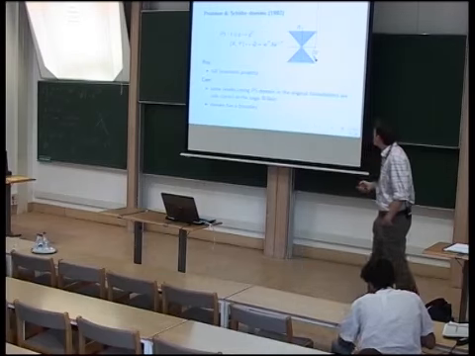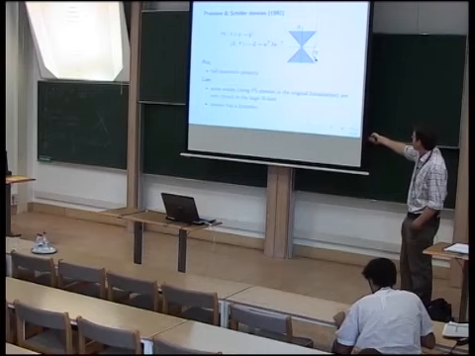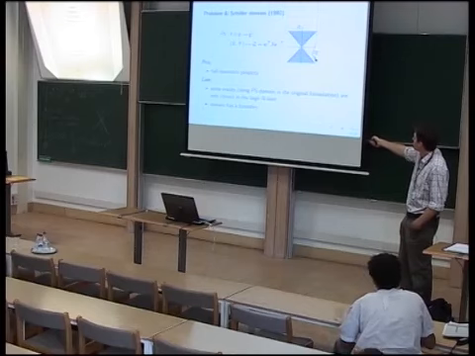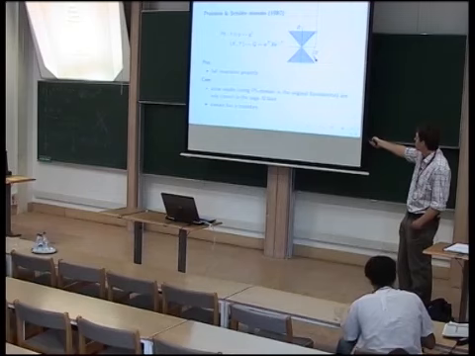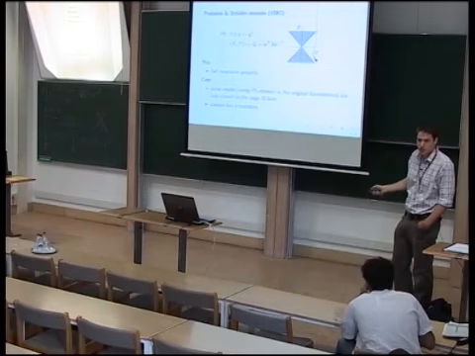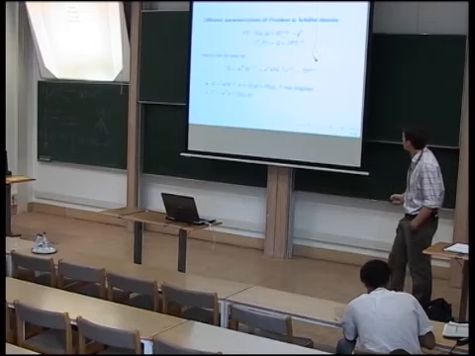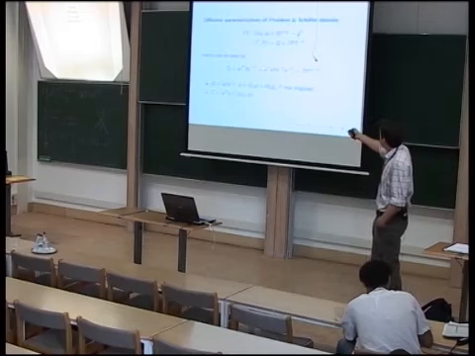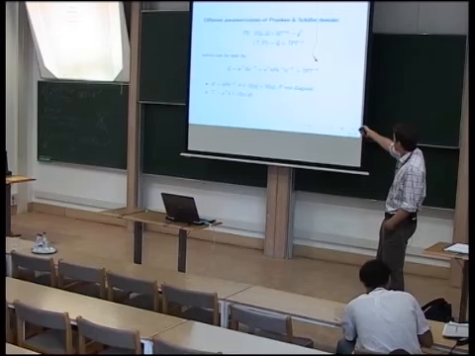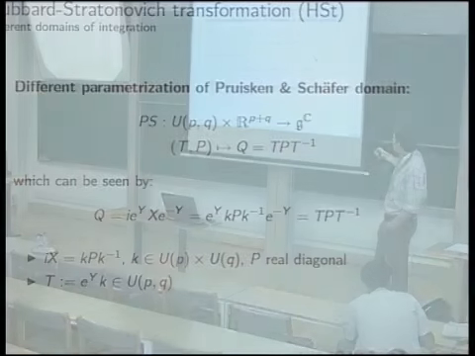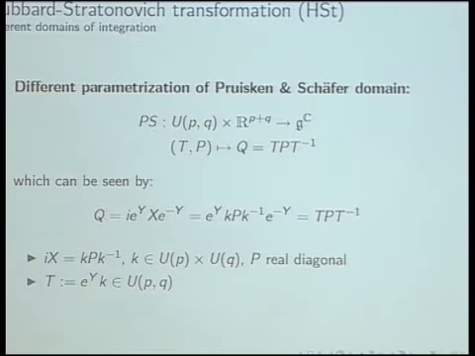In the literature, mainly a different parametrization of this domain of integration is used. I will just show it to you, but I will not use it in the following. The different way to get this domain is just by conjugating real diagonal matrices with pseudo-unitary matrices.